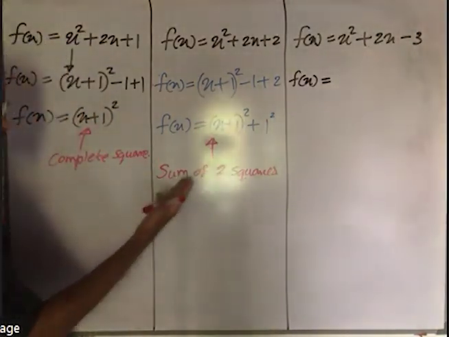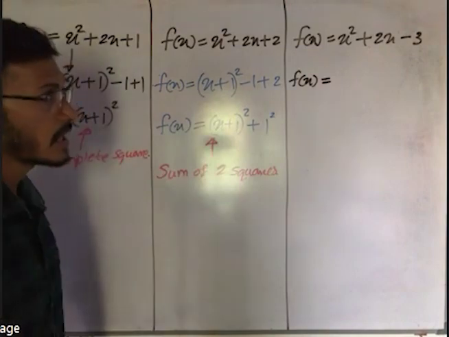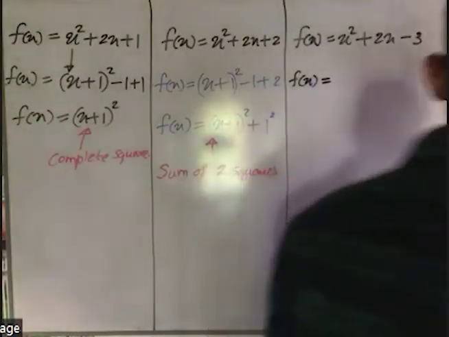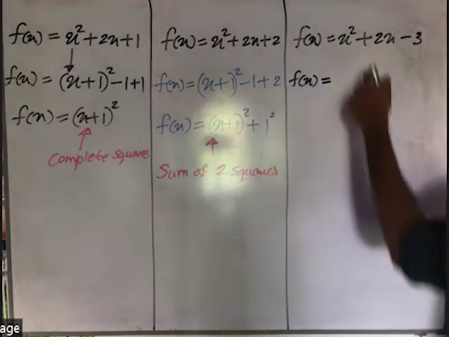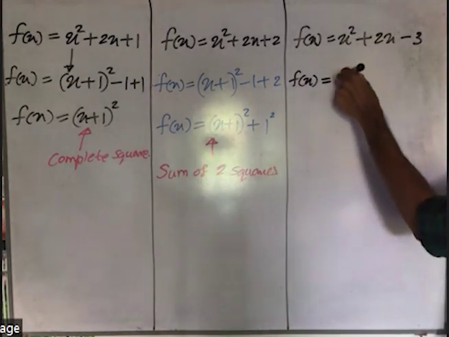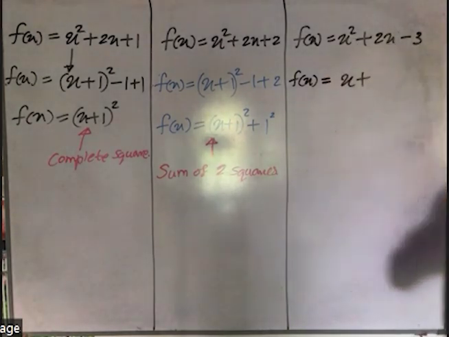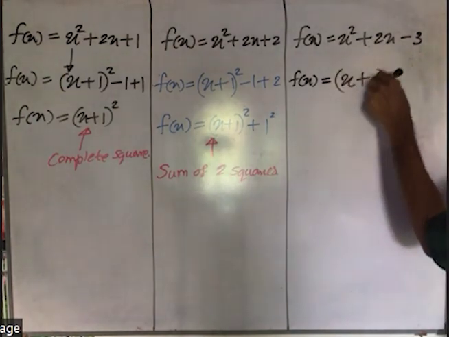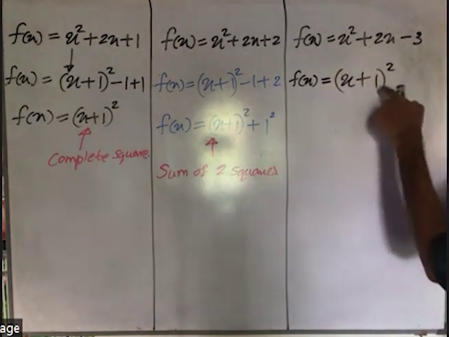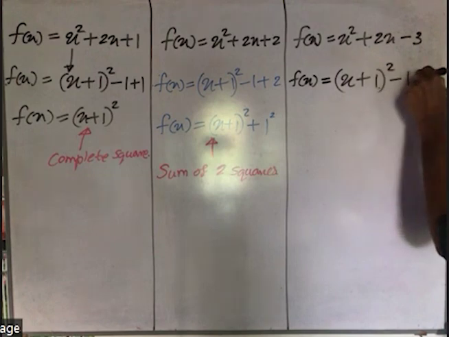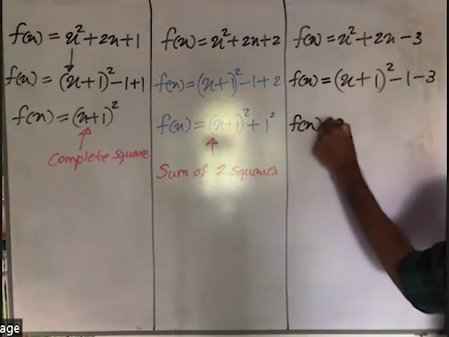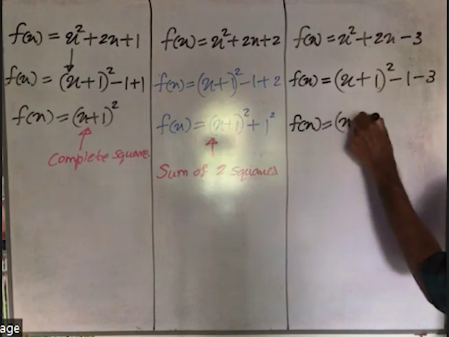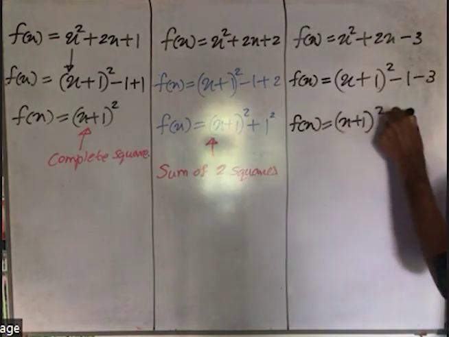Here we have the sum of two squares. Also I'm going to simplify this function. Here we get x, plus divide the coefficient of x by 2, plus 1, take this square, then minus the square of this 1, minus 3, right? Then we can write f(x) equal to x plus 1 square minus 4.